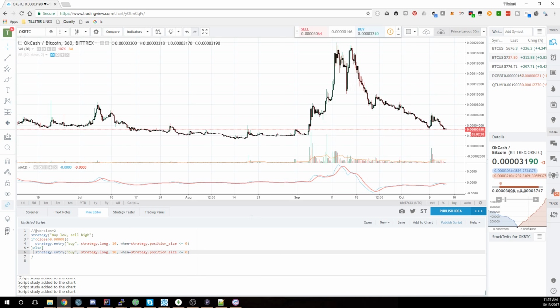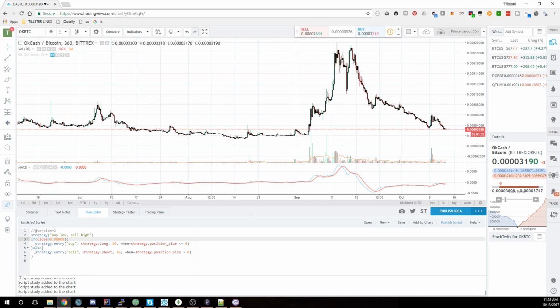Otherwise, what I want to do is sell, but only, this would be a short, but only when my strategy size is greater than 0. Okay, what I'm saying here is that I'm executing this for each and every candle.